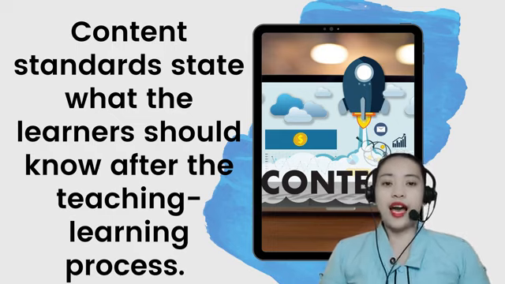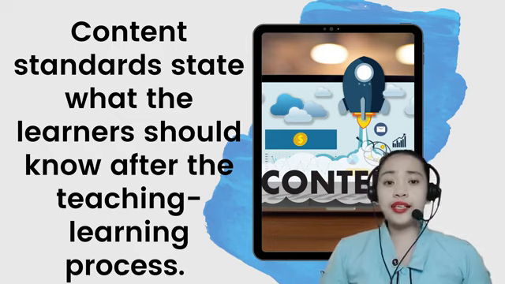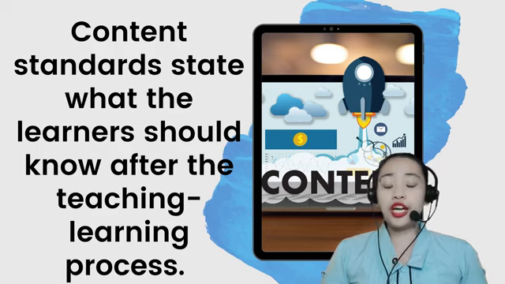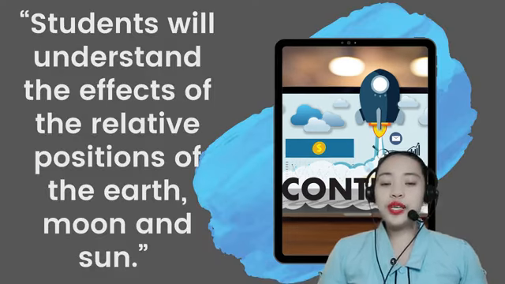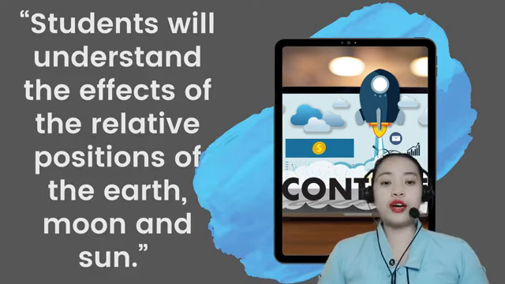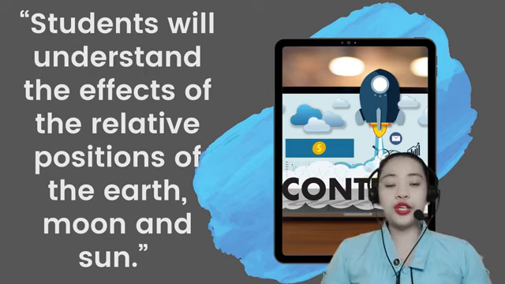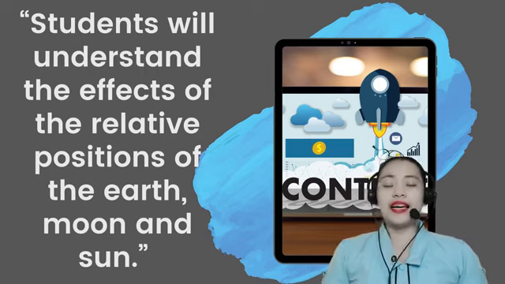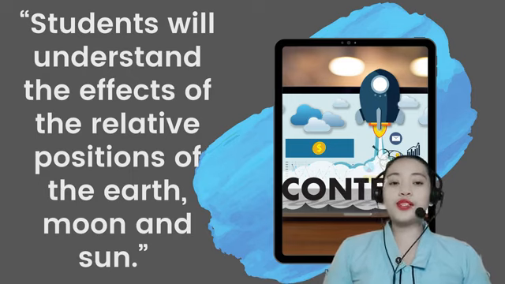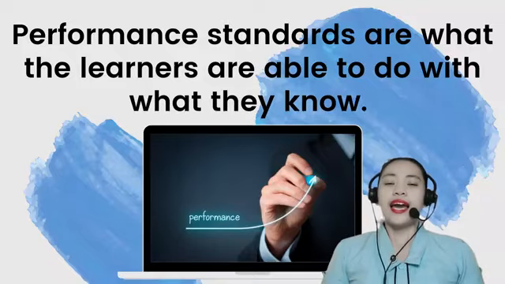For instance, a content standard for 6th grade science students could be in earth science, students will understand the effects of the relative positions of the earth, moon, and sun. These standards are also called curriculum standards or subject standards.